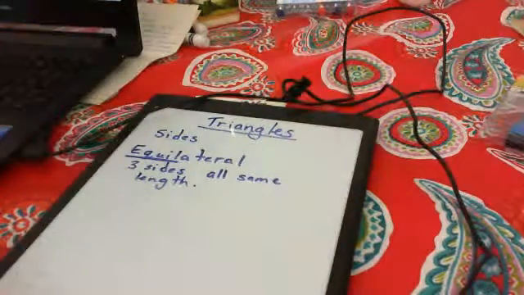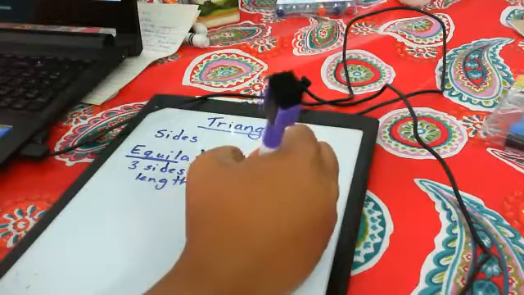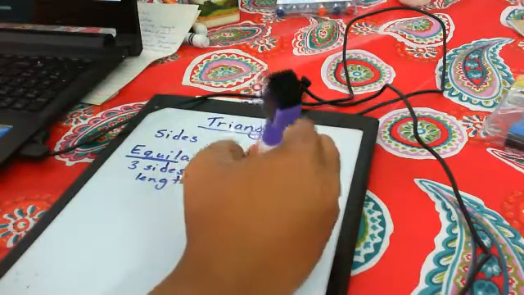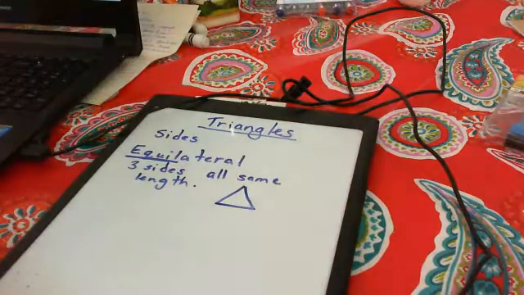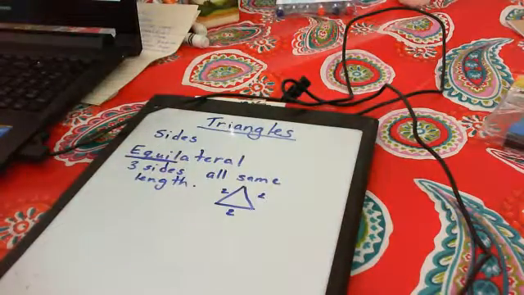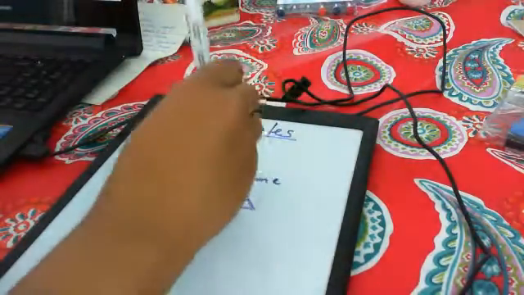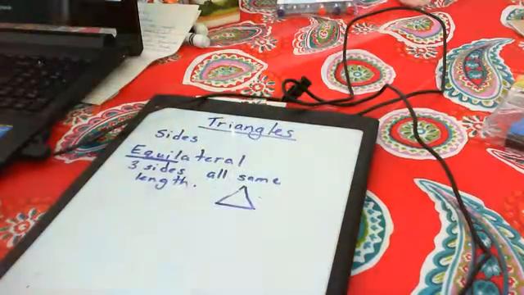Now, because I am not drawing with a ruler, I'm going to try to draw a model that's very close to that. So we would pretend for this video that this would be 2, this would be 2, this would be 2. All sides are the same. Alright? And the way that they represent that, I put 2's, but there's a symbol you have to get used to.